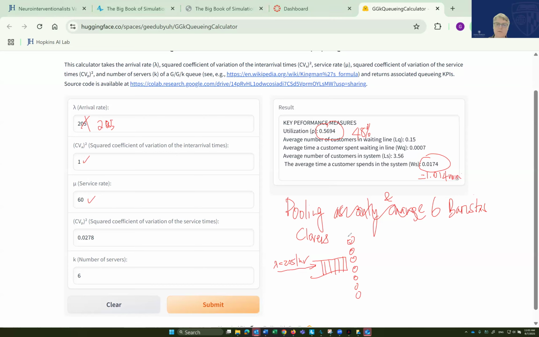And if you scrub one of these baristas, now you're at 56.94%, and you're no longer at just about a minute. You're at 0.0174 times 60.